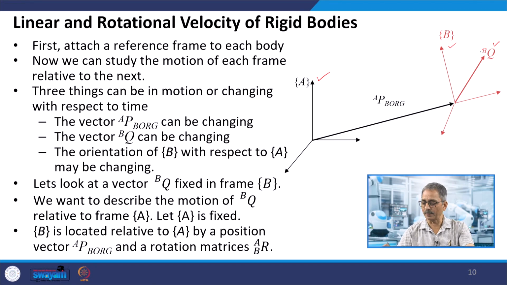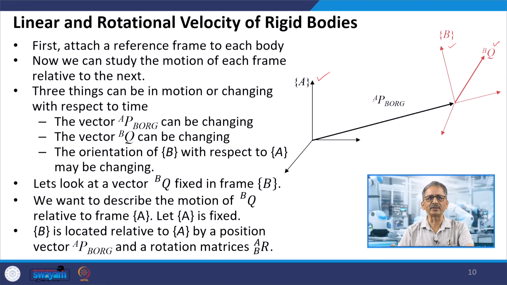The subscript B essentially tells that it is in the frame B. And the origin of frame B is located through vector P B origin with respect to frame A. Now, here you see three things are possible.